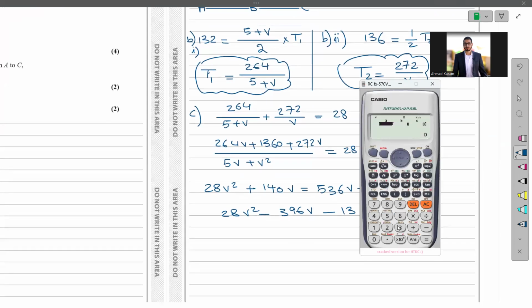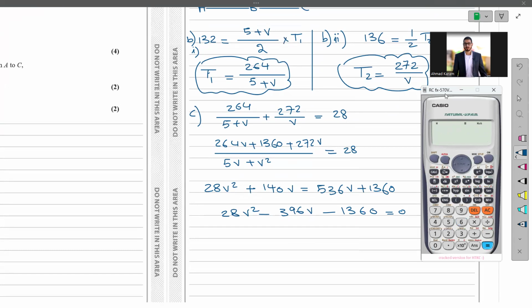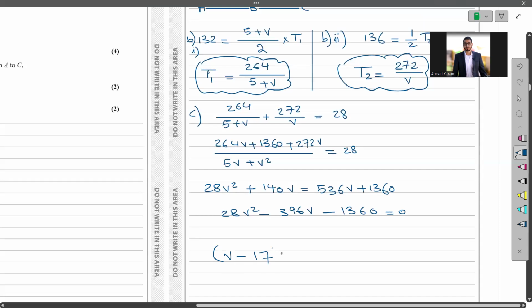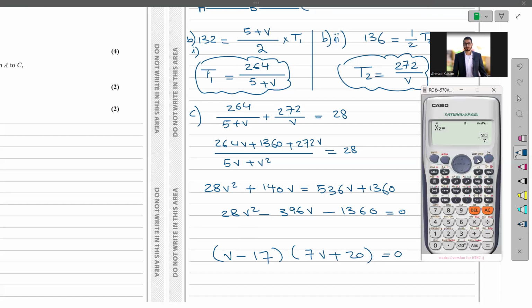Then solve the equation. 28, negative 396, negative 1360. So (V minus 17) and (7V plus 20). Here I think we can divide by 4 and write it as an equation.